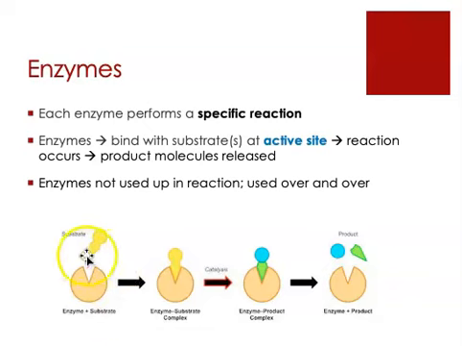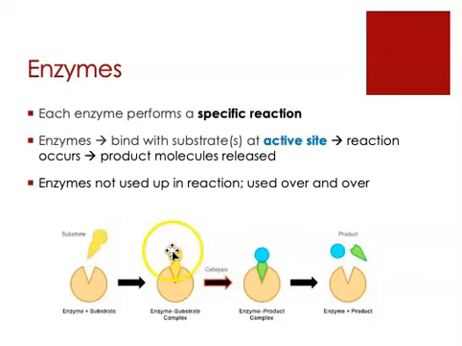In the drawing, the sort of beige colored shape down here represents the enzyme, and this yellow structure here represents the substrate. So this is what's coming into the reaction. It's not always a single thing. Sometimes there are multiple substrates that are going to come in together to a reaction.